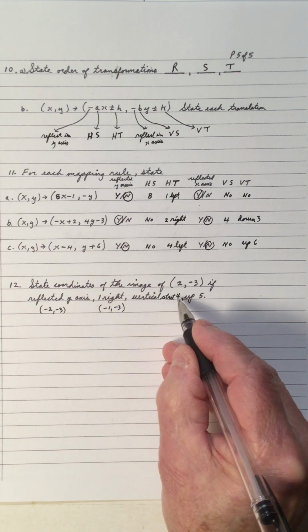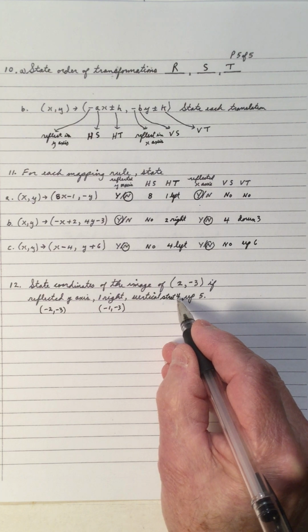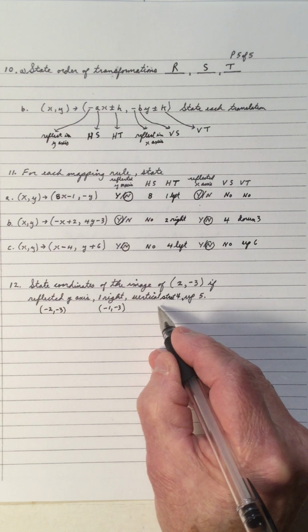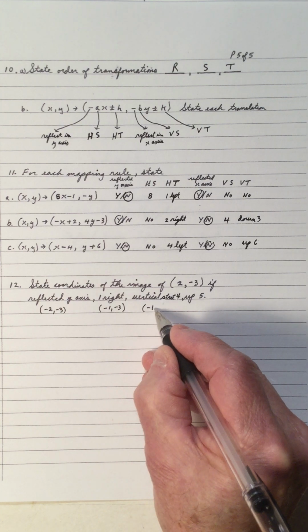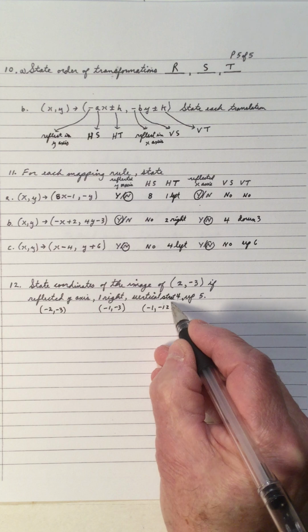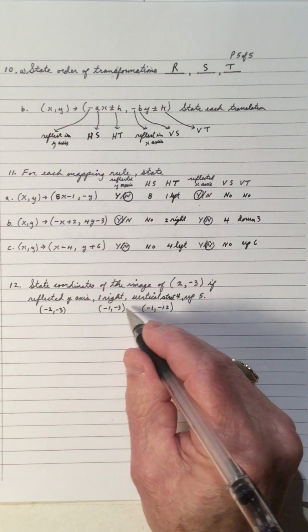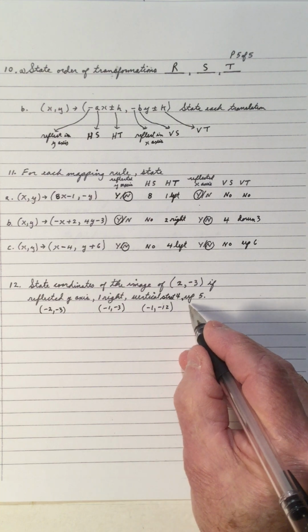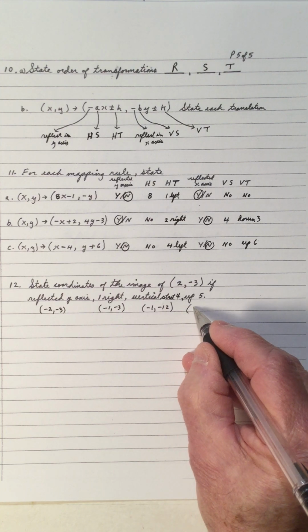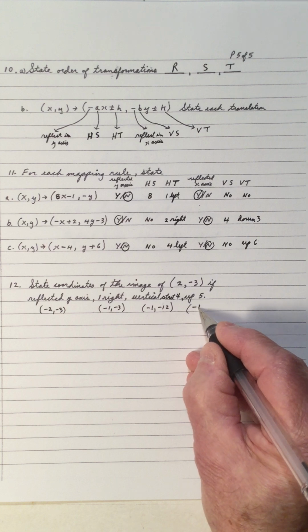A vertical stretch of 4. So that's 4 times the y value. So it's a negative 1, negative 12. You're stretching the y value 4 times what it is. And it's up 5. Up means it's not affecting the x.